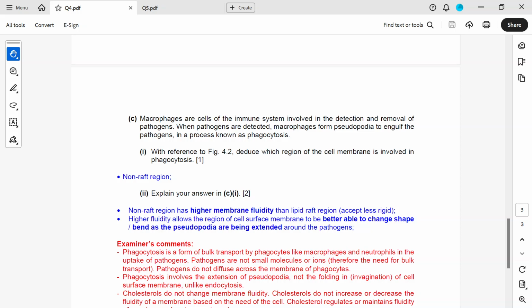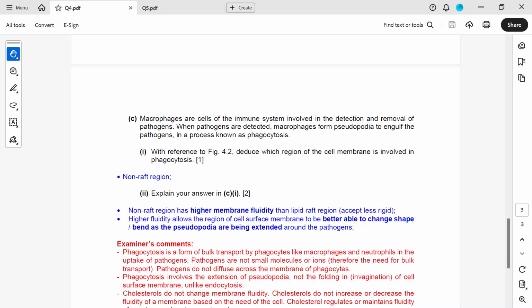So it's extension of pseudopodia, which requires the membrane, the cell surface membrane especially, to be able to bend, to change shape. So that requires high membrane fluidity.